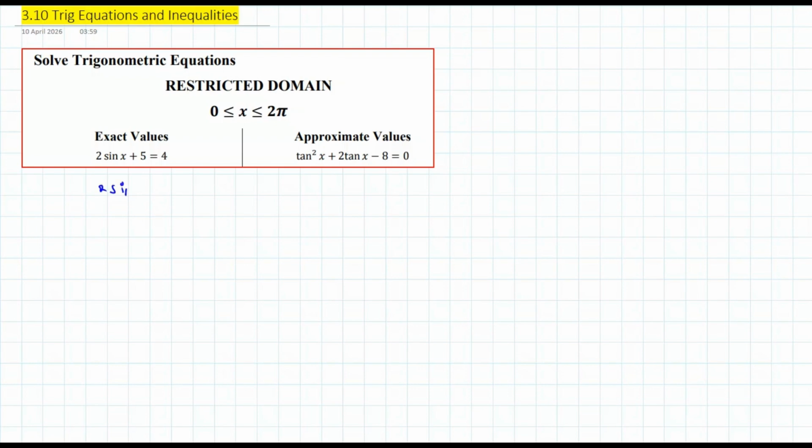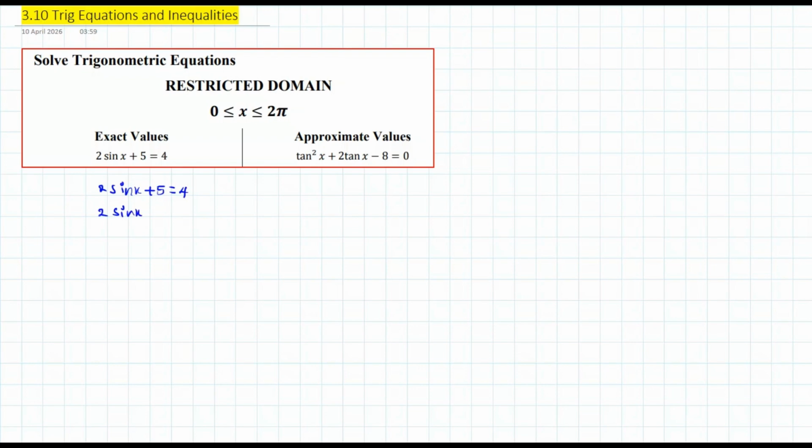Okay, so first, 2 sin x plus 5 equals 4. To solve this equation, we have to isolate the sin x term. To isolate the sin x term, we first subtract 5 on each side.